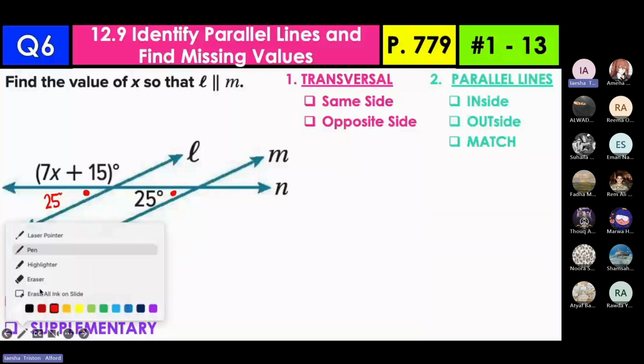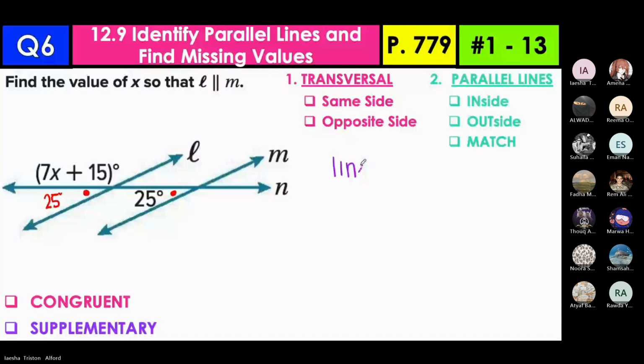The name here is now going to be linear pair, and linear pair is supplementary. So 7x plus 15 plus 25 is equal to 108. Solve it and get x.